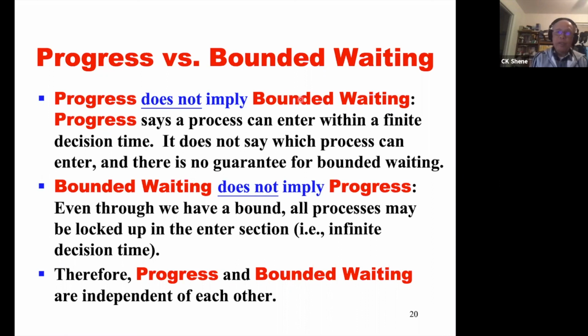Of course, this is definitely not a good algorithm. Therefore, the progress condition and the bounded waiting condition are independent of each other. So a good solution to the critical section problem must satisfy 3 conditions: mutual exclusion, progress, and bounded waiting.